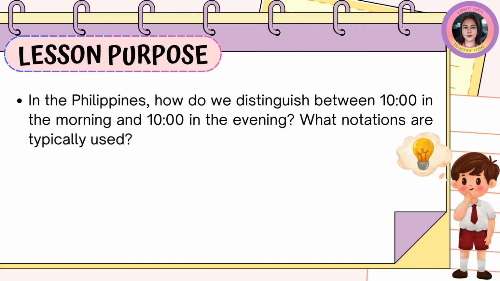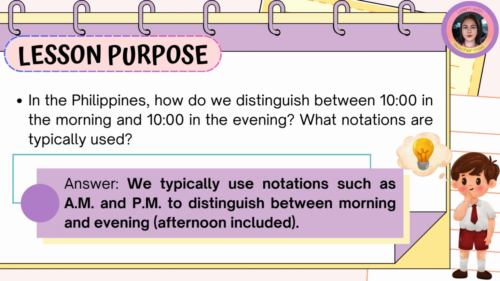In the Philippines, how do we distinguish between 10 o'clock in the morning and 10 o'clock in the evening? What notations are typically used? The answer is, we typically use notations such as AM and PM to distinguish between morning and evening, afternoon included.